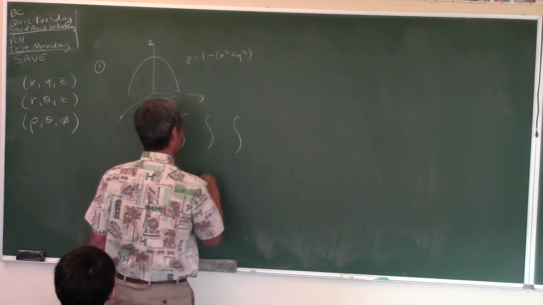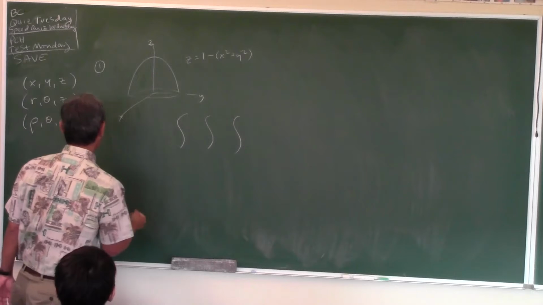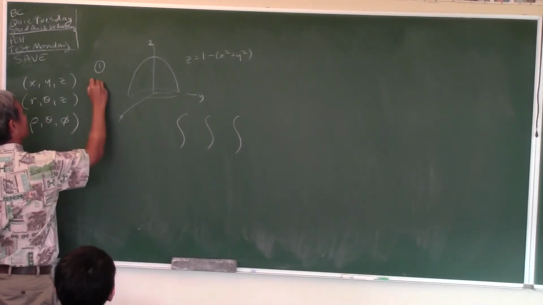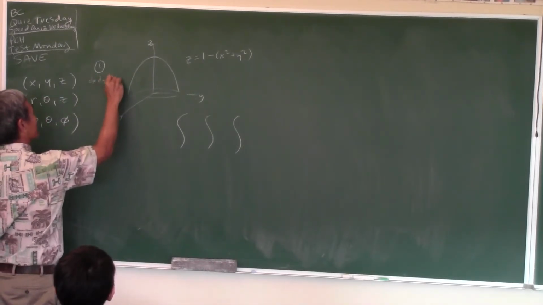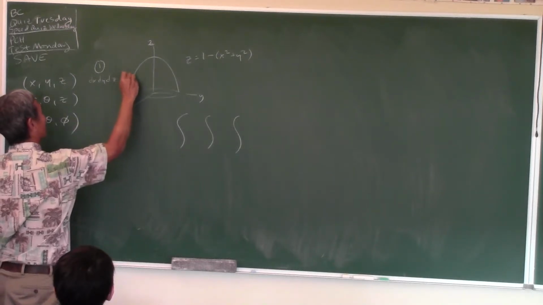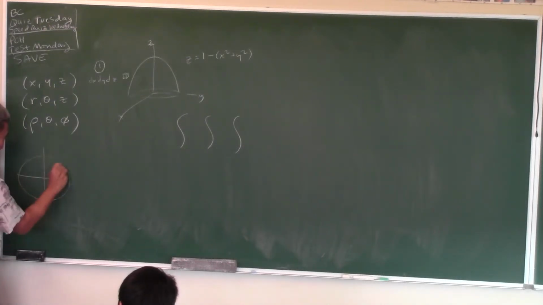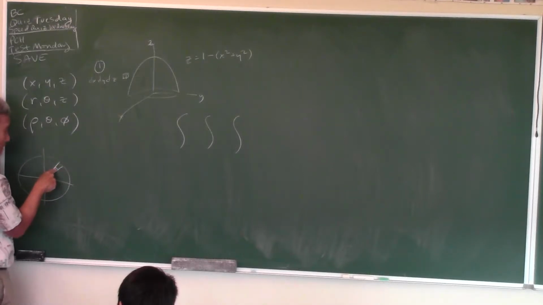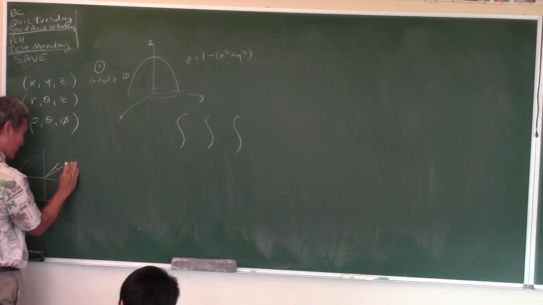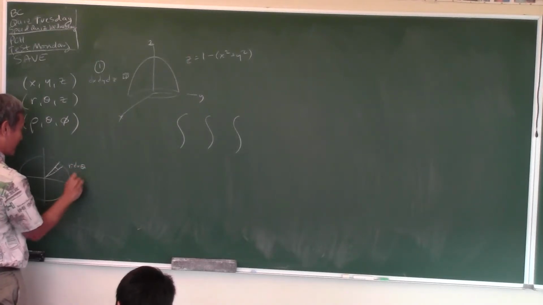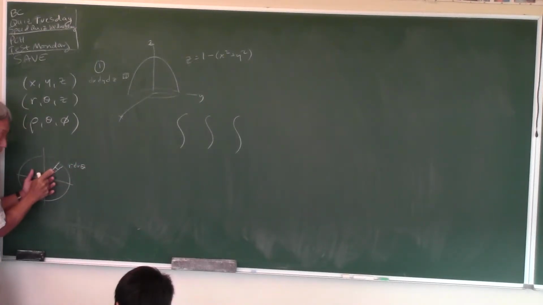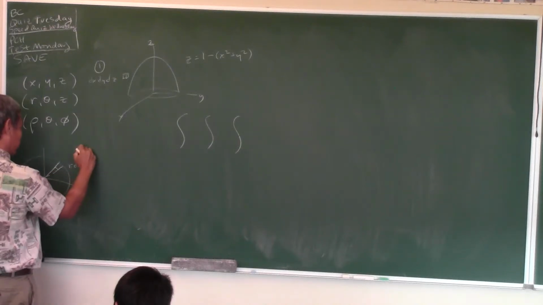Now, in the rectangular coordinate system, here's the difference. dx, dy, dz, right? That's like the volume of a rectangle of infinitesimal width. But remember in the polar coordinate system, when you make the sector like this, what is the area of this thing? r dr d theta. But now there's going to be a height to that.